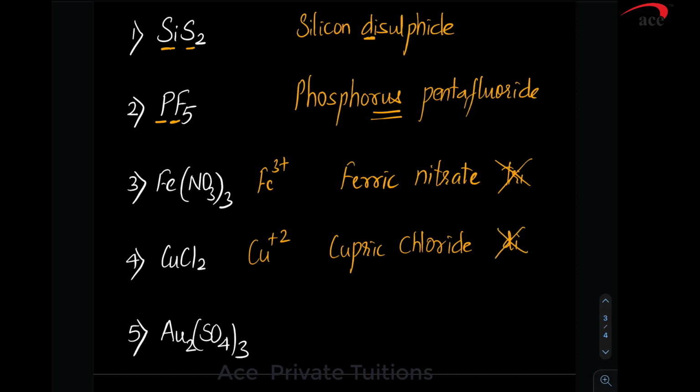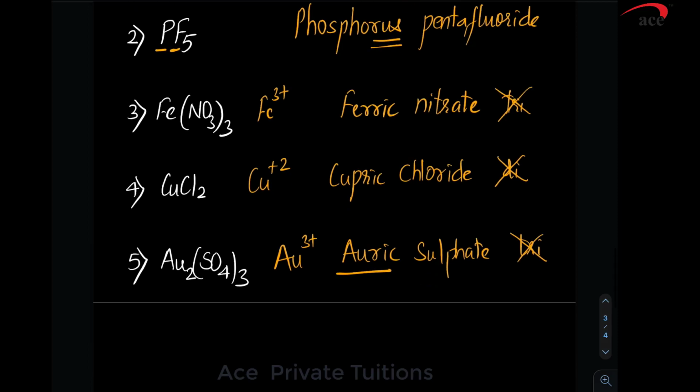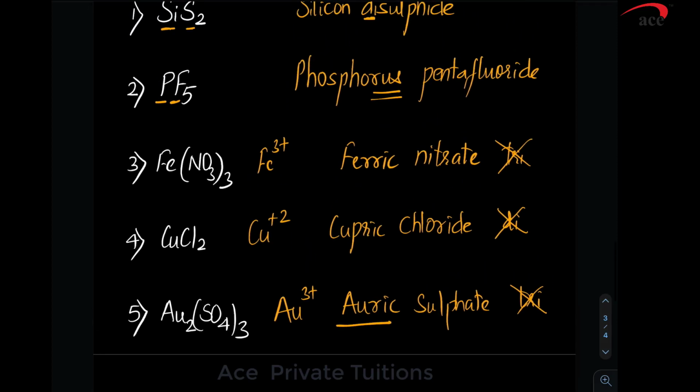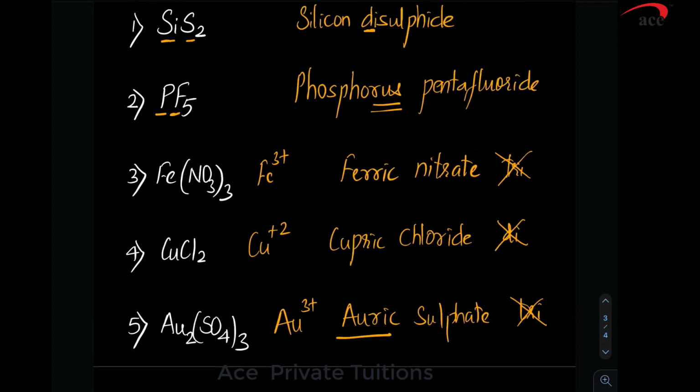Again, the word di is not used because it is a compound of a metal. Here the gold involved has a 3 plus charge, therefore auric sulfate. Again, we don't say the word trisulfate because gold is a metal. I suppose you would have understood from this small exercise.